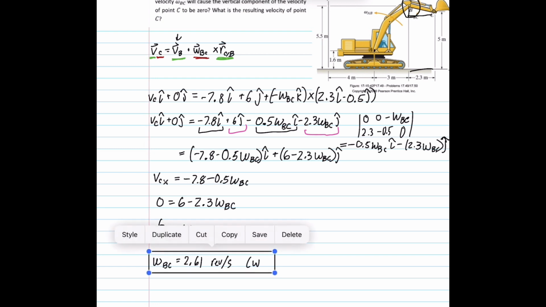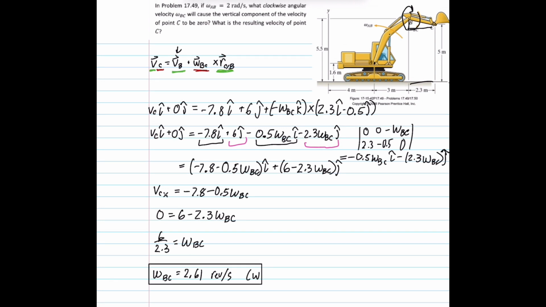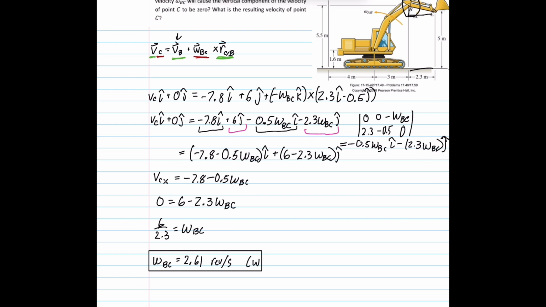So since I am stating that it's clockwise, I don't have to put a negative sign there. So first they asked us what the clockwise angular velocity was, we found that. And now they want us to use that to solve for the velocity of point C with the constraint.